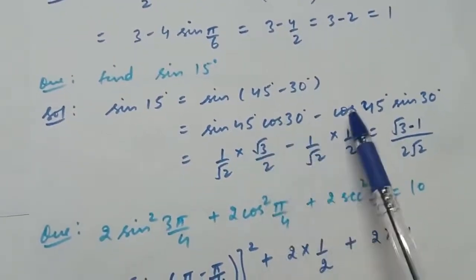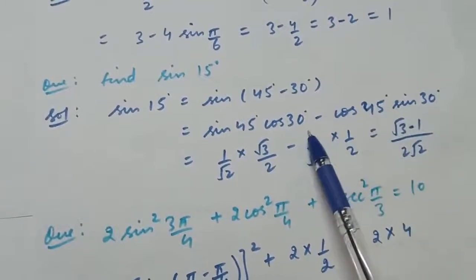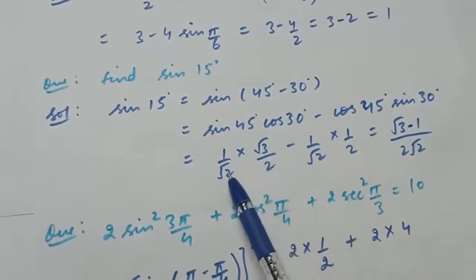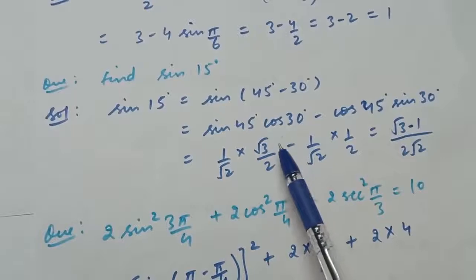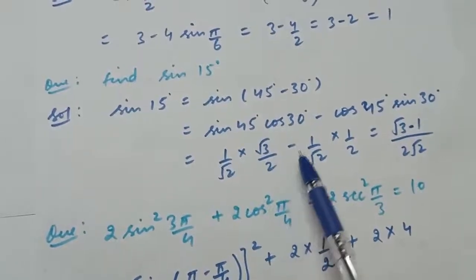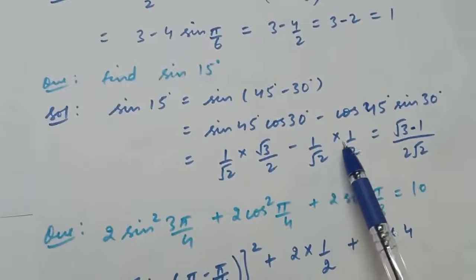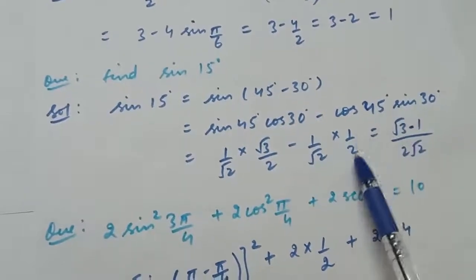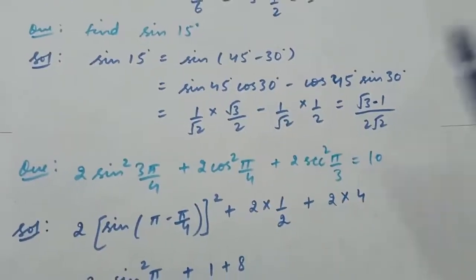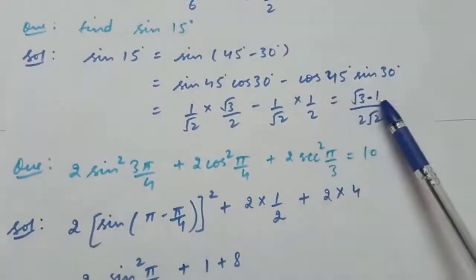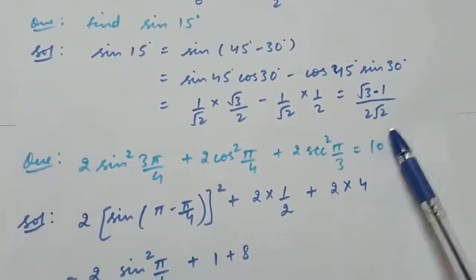Now you know the value of all these functions. Sine 45 is 1 by root 2 into cos 30 is root 3 by 2, minus cos 45 is 1 by root 2 into sine 30 is 1 by 2. So the value when you solve this will be root 3 minus 1 upon 2 root 2, right?